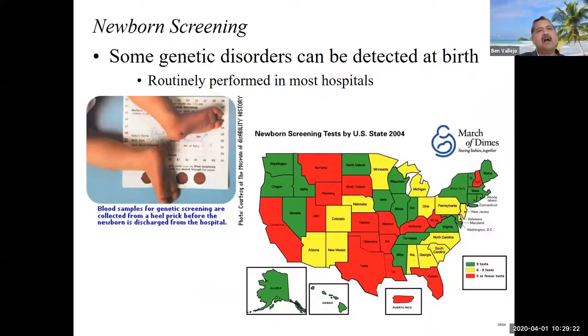Okay. As far as screening goes, this is an old picture from 2004 of the newborn screenings available by state. California was actually pretty low, and so it used to be that you would prick the baby's heel, take a blood sample, and put that on this card.